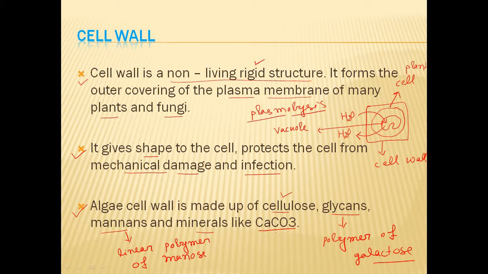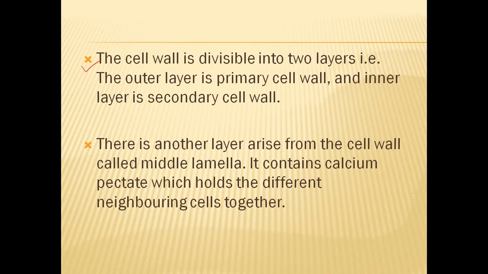Minerals, this is calcium carbonate. And these all are plant storage polymers. Animal storage polymer is different. Plant storage polymer. So let's move to the next slide.